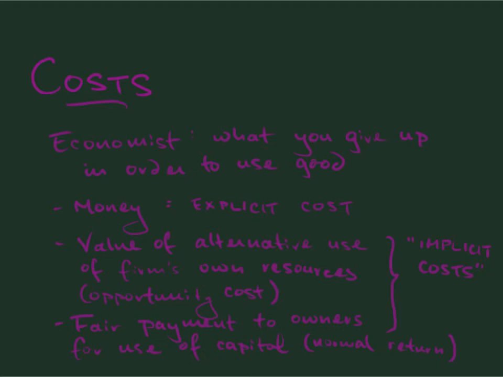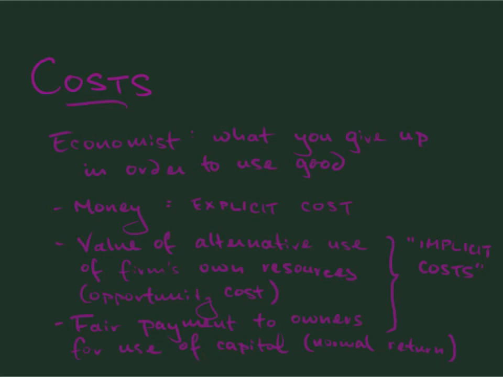Similarly, there's the cost of using their own land. Farmers will rent land from each other, maybe from a neighbor to plant a crop or to graze some cattle. They'll rent from one another. The farmer might think there's no cost of using the farmer's own field in the way that the farmer would have to pay someone else to use that other person's field. Okay?